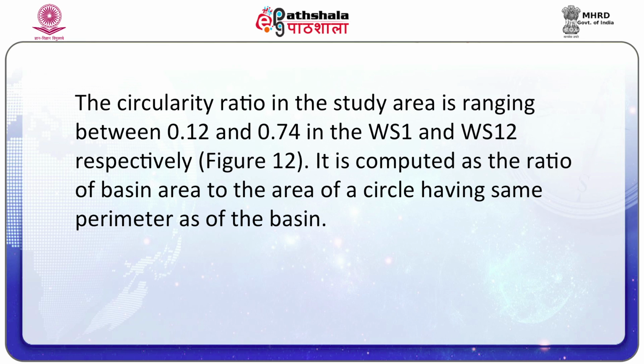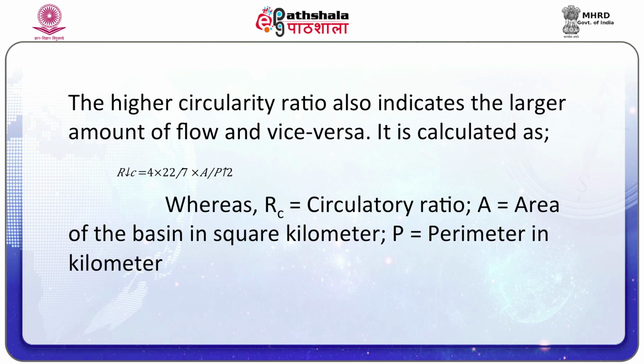It is computed as the ratio of basin area to the area of a circle having the same perimeter as the basin. The higher circularity ratio also indicates a larger amount of flow and vice versa. It is calculated by the following formula.